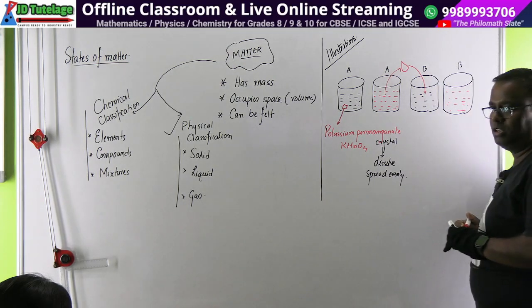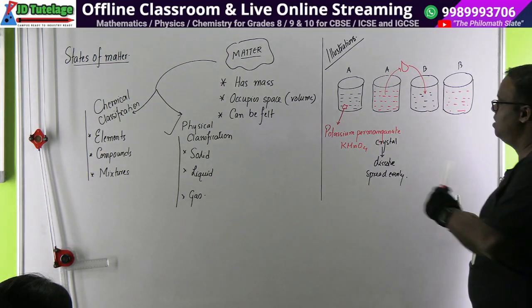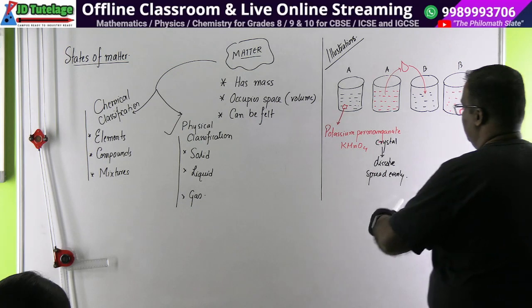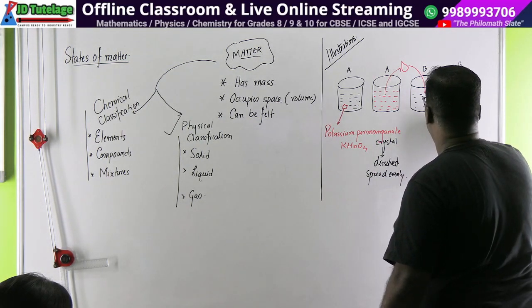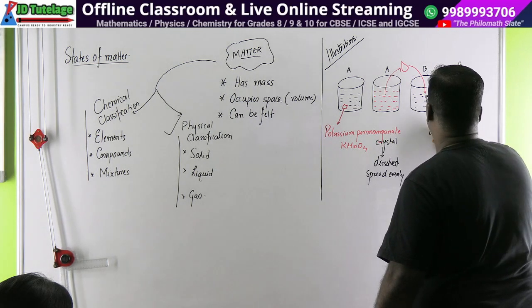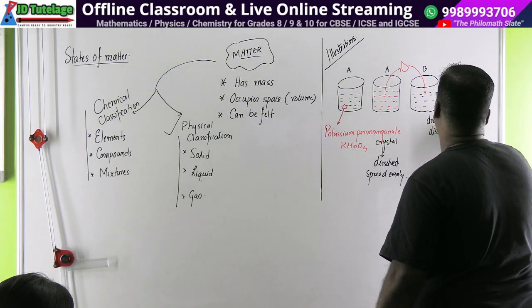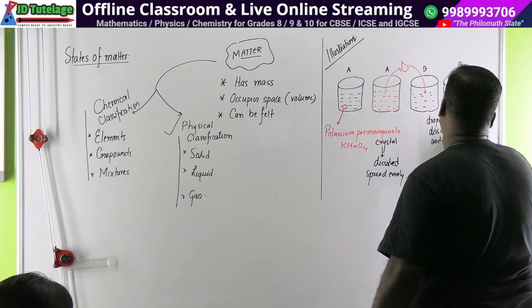No matter how many times we repeat over beaker and beaker, here I say potassium permanganate crystal dissolved and spread evenly. Here the drop or the droplet dissolved and spread evenly. Have you understood this part?